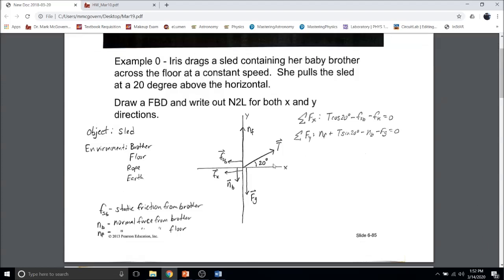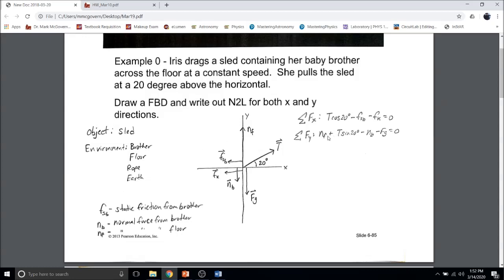So that is the vertical component of tension that is upward, and that is balanced by N sub B and FG. So we don't have a situation of acceleration here. Everything is going to be what we consider a dynamic equilibrium. And so two forces up, two forces down. Make sure you make the forces that are down negative, and that's our Fy equation here.